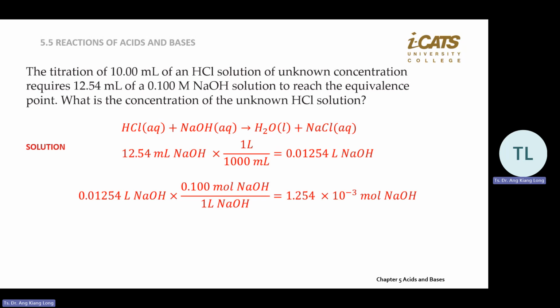Don't just jump straight in like what I show you on the slide here. You need to tell me what you are actually trying to solve. Why do I take 0.01254 multiplied by 0.1 mole divided by 1 liter? This is from the capital M here. You convert the capital M into mole per liter.